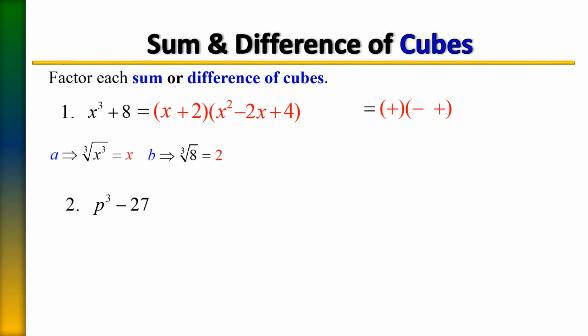Now let's do the next example. I see two perfect cubes here with a minus sign between them, so that is a difference of cubes. So first, let's identify the signs. For the given difference of cubes, it starts with a negative.